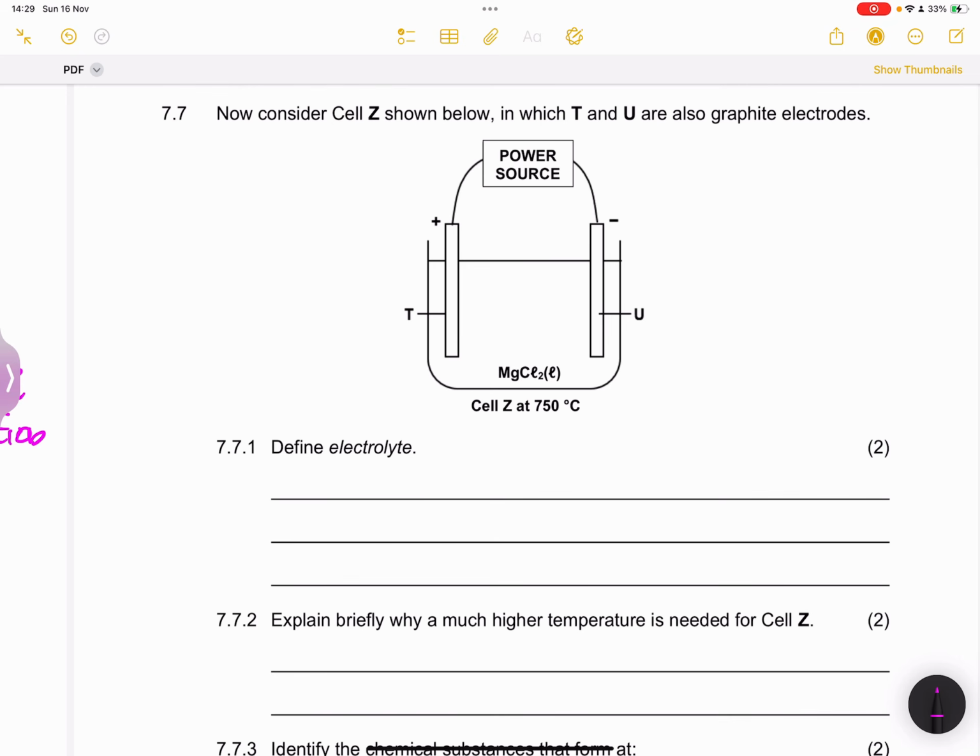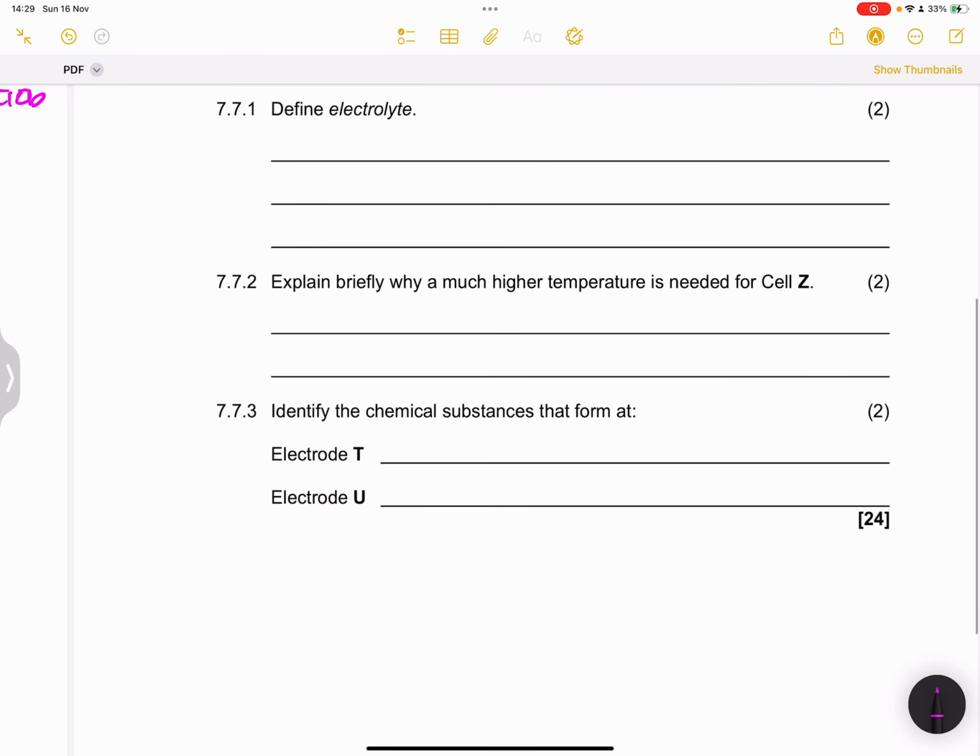So remember that an electrolyte is a substance that conducts electricity when dissolved in solution, right? Or you can say it's a substance that conducts electricity due to the movement of ions in solution. Okay, right, now let's go to the next portion. I'm not going to write that one down.